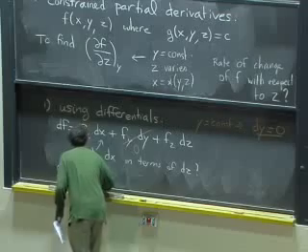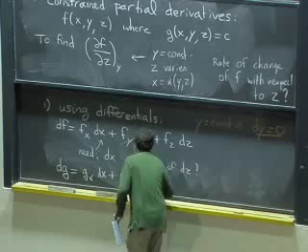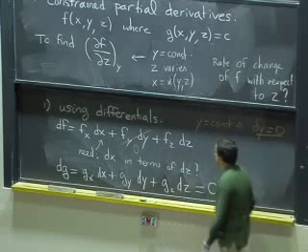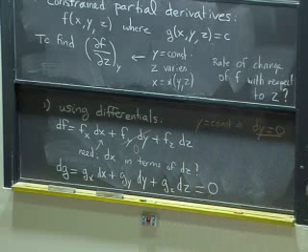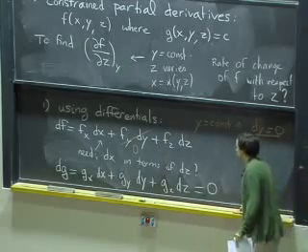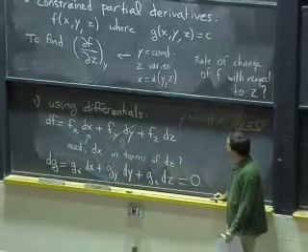So dg is g sub x dx plus g sub y dy plus g sub z dz, and that's 0 because we are setting g to always stay constant. If g doesn't change, then we have a relation between dx, dy, and dz.